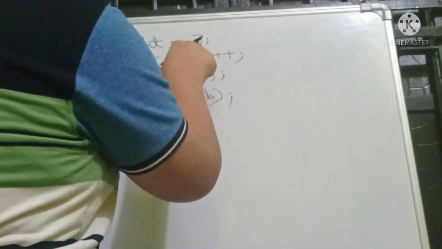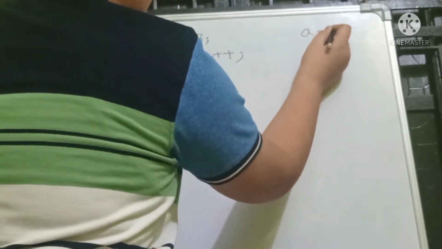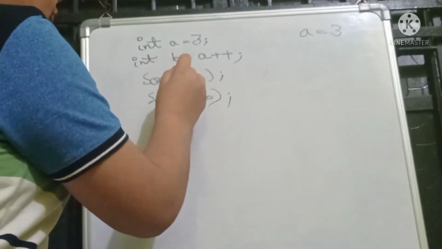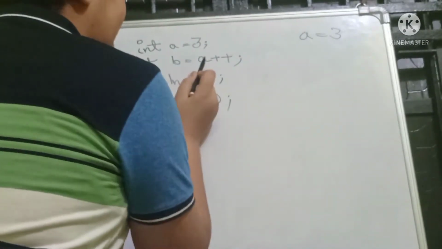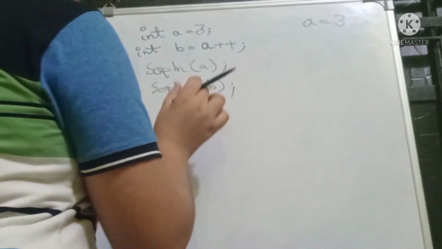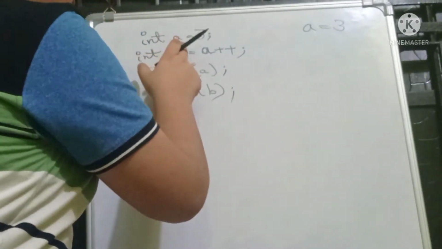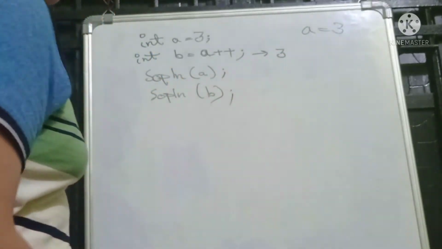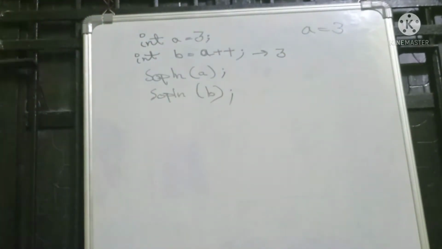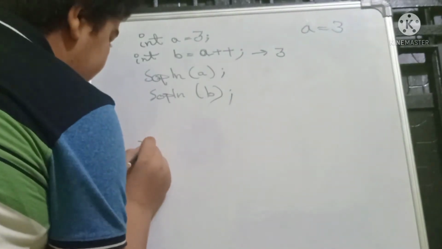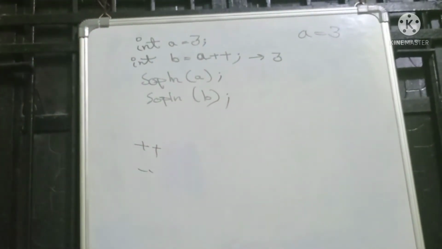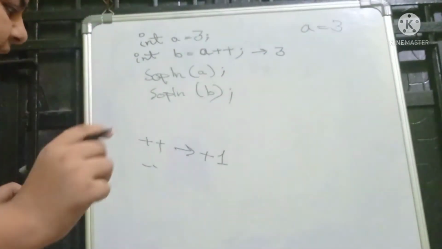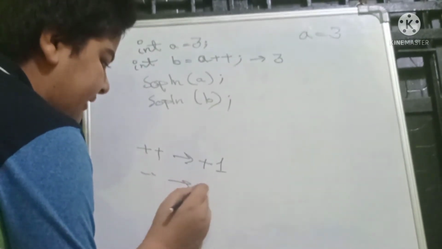Here a is equal to 3, and in b it is written b is equal to a. So first we will write the value of a, which is 3. The value of b is 3. Then plus plus is written. Plus plus means we have to add 1, and minus minus means we have to subtract 1.